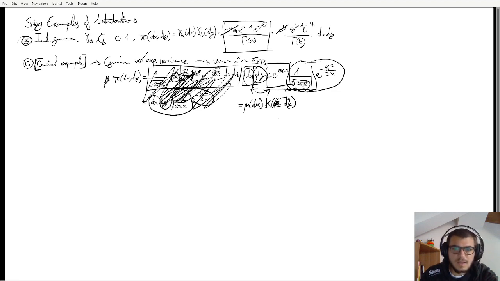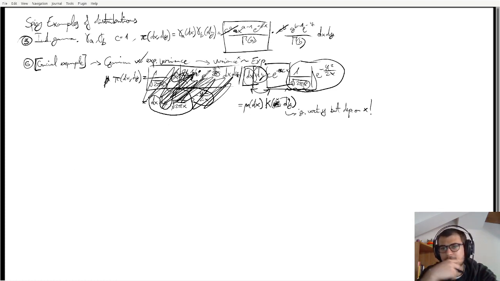So this is the integral with respect to y, but depends also on x. So now you can see when we have some kind of dependence structure for joint distributions, things become more complicated.